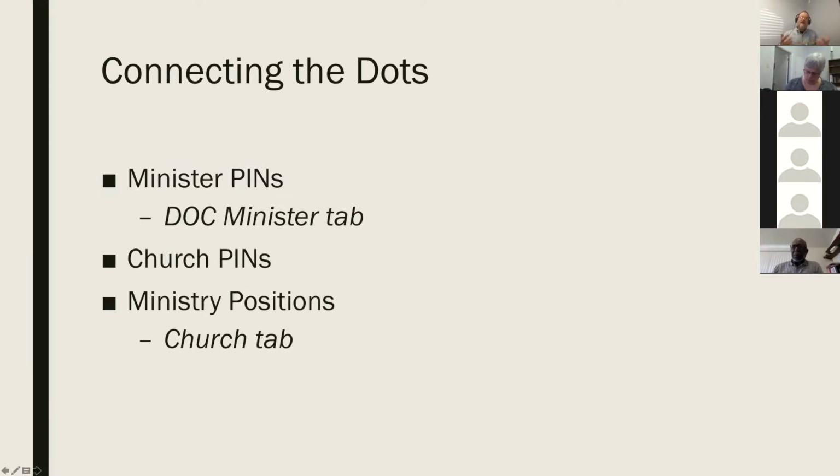So we need to have some kind of connection between information that's in the general database in Indianapolis and the information that's in your regional database. And there are a few key places where that is. The main piece of connective tissue between these two databases is the minister PIN.